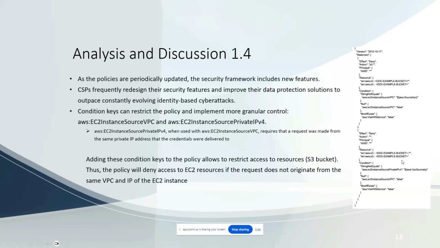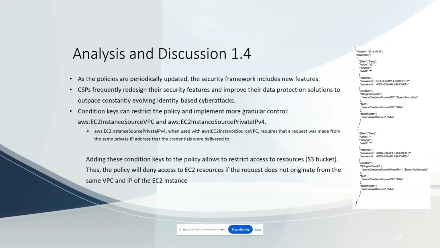And as policies are periodically updated, the security framework may include new features, which are frequently redesigned in policies of cloud service providers. For example, here AWS recommends adding condition keys in the policy to implement more granular control.